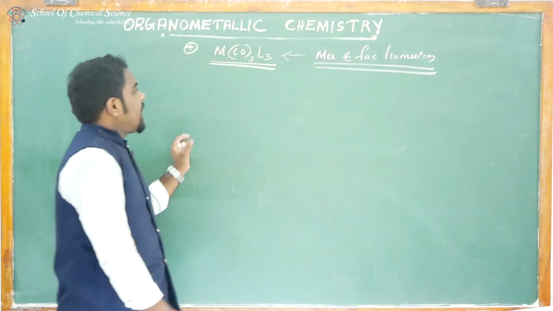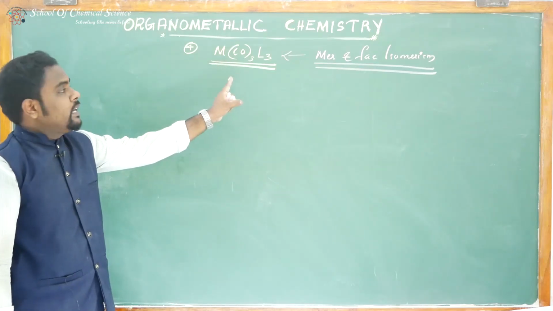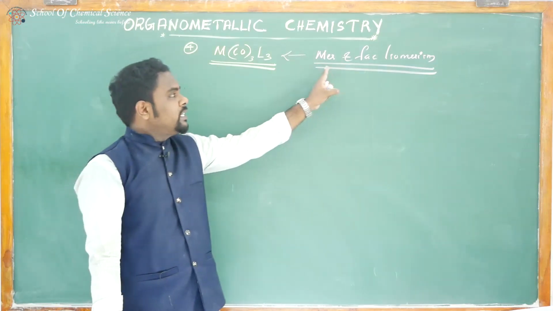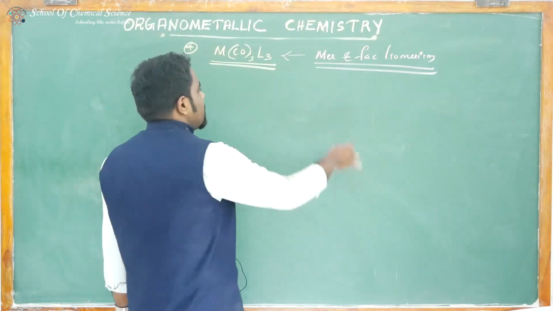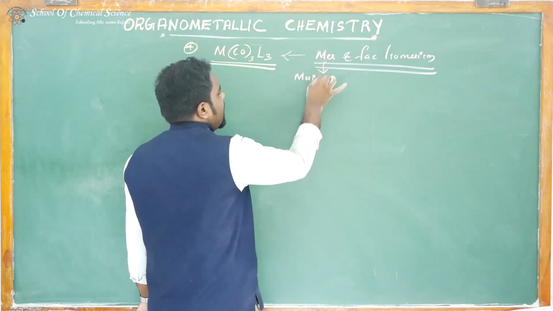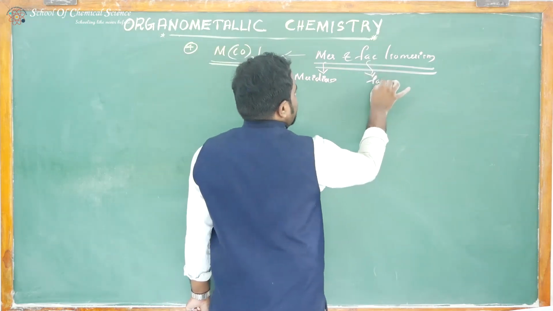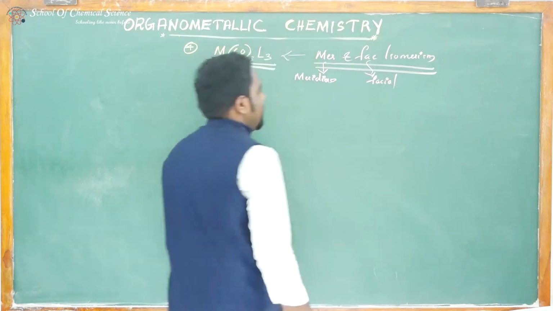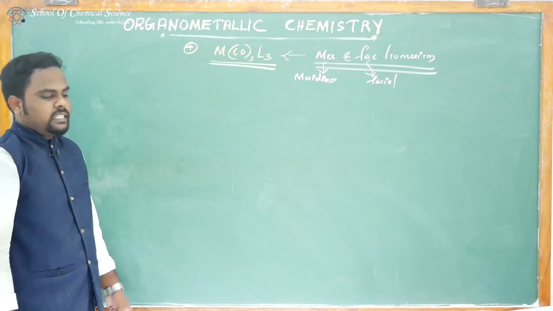A complex of the type MCO3L3, if this formula, will exhibit mer and fac isomerism. Mer means meridian, and fac means facial. Mer, fac, meridian and facial.